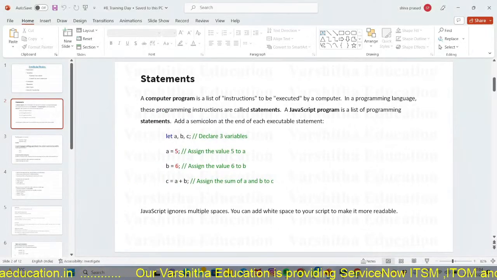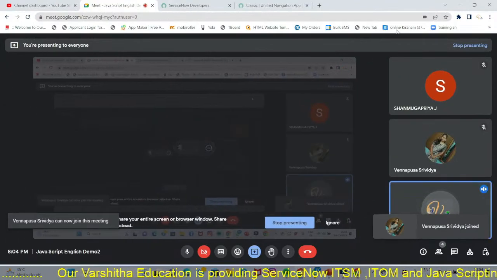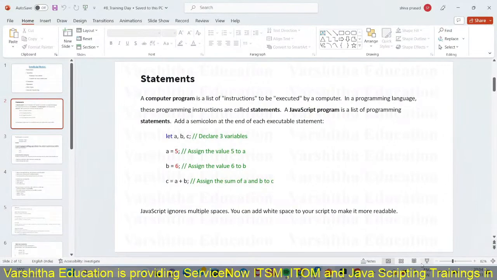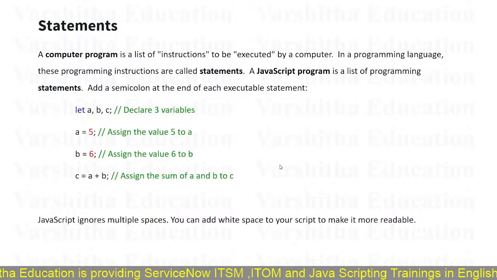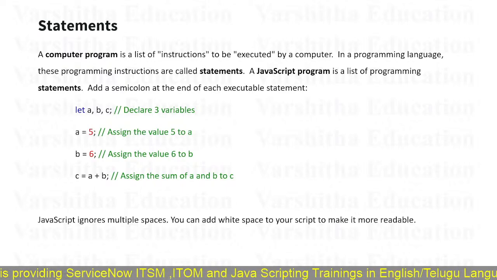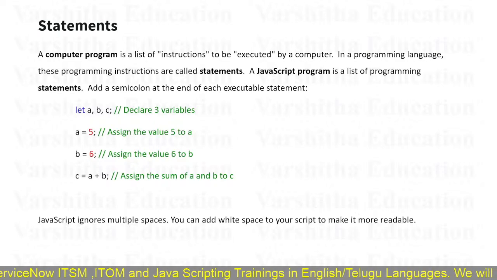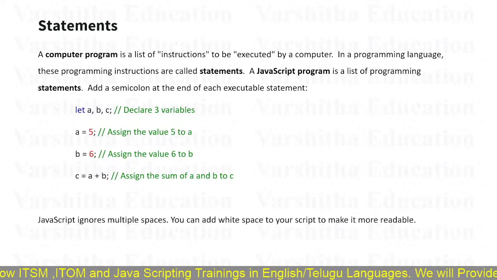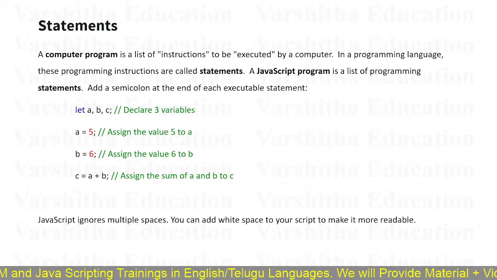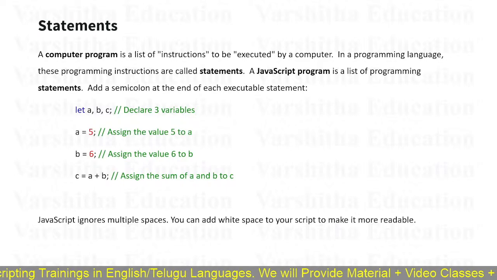Now the first main rule: you need to use a semicolon after the declaration of variables, whatever it may be. Once one statement has completed, you use a semicolon. If you are not using the semicolon, it will raise an error.